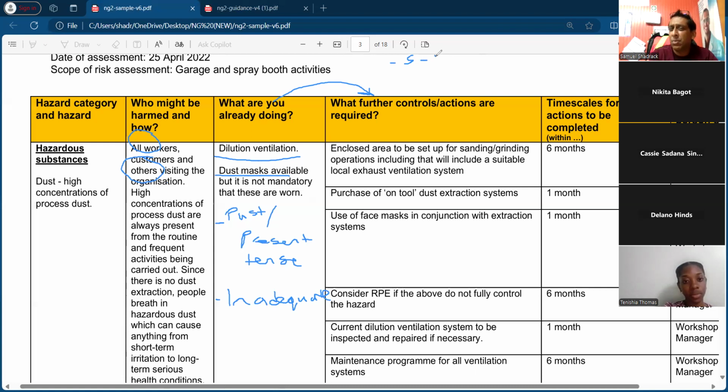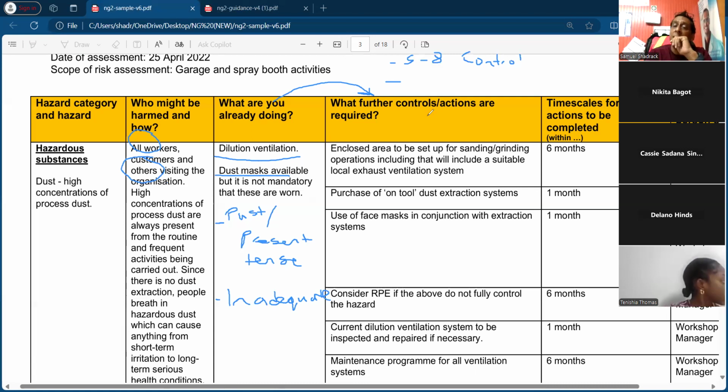But you are required to have about 5 controls for each hazard in column 4, right? 5 to 8 controls.